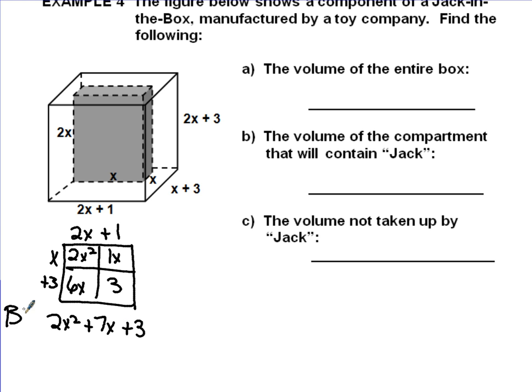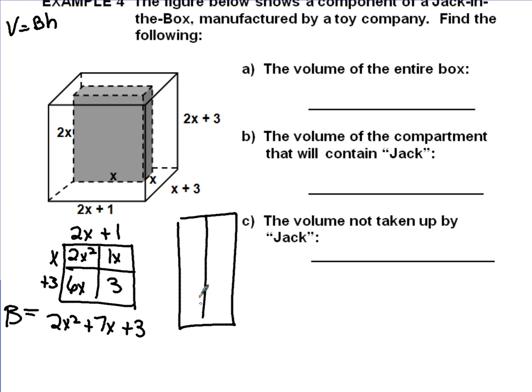Okay, that's my b. So if volume is the capital B times the h, that means I've got to multiply by the height still. In order to do that, I've got a 3 by 2 box. So it's going to be a tall, skinny one. We're going to put 2x plus 3 here, and we'll put the other down along the side, plus 7x plus 3. So I'm going to fill this in real quick.